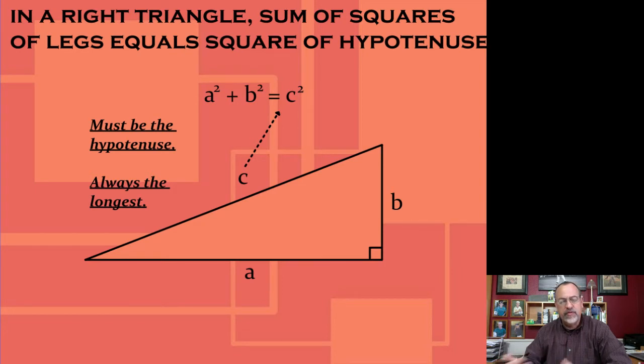So if you're given three numbers and you want to substitute them into the Pythagorean theorem, you must put the largest of the three numbers in for c, because that is the representative of the hypotenuse, which will be the longest of the three sides. Okay, so a squared plus b squared is equal to c squared. Remember, the hypotenuse must be the letter c.